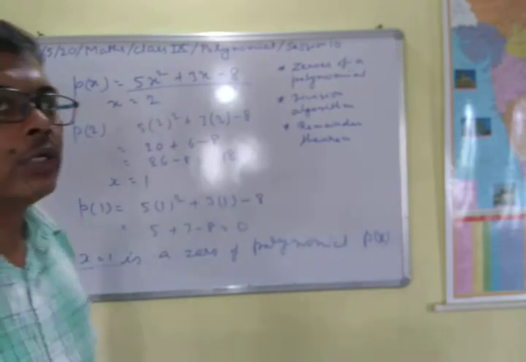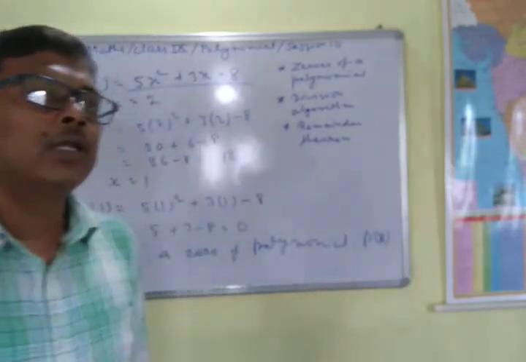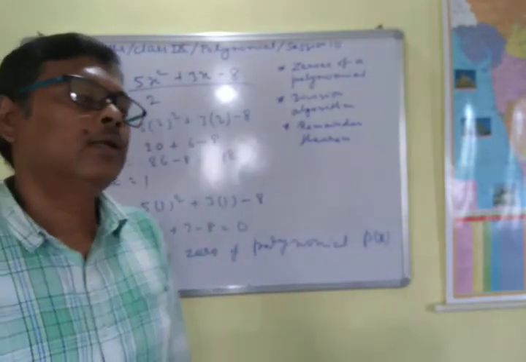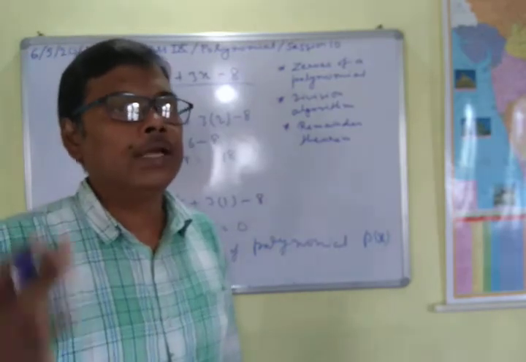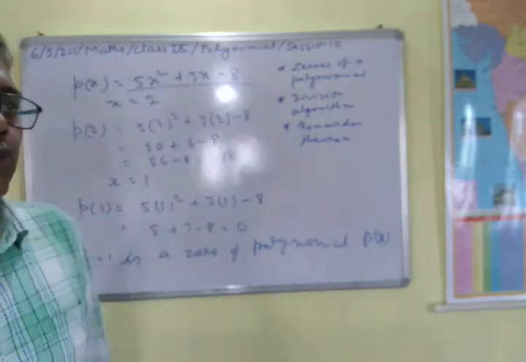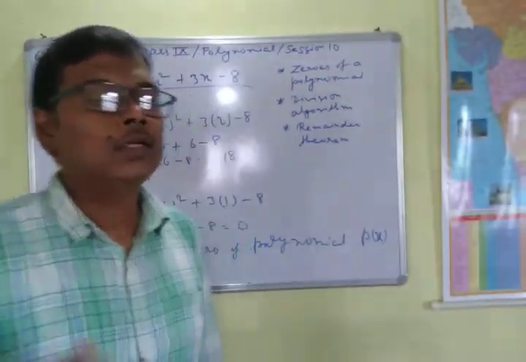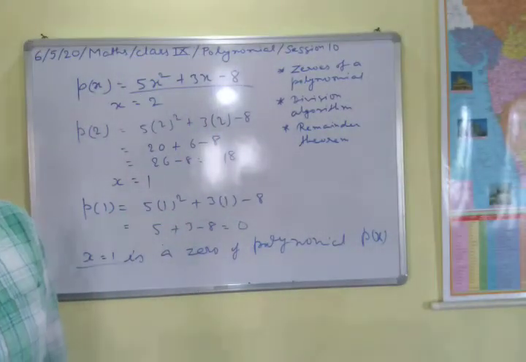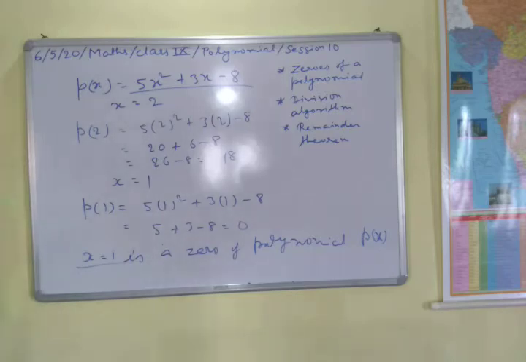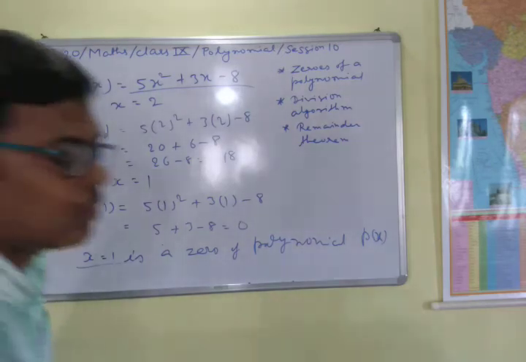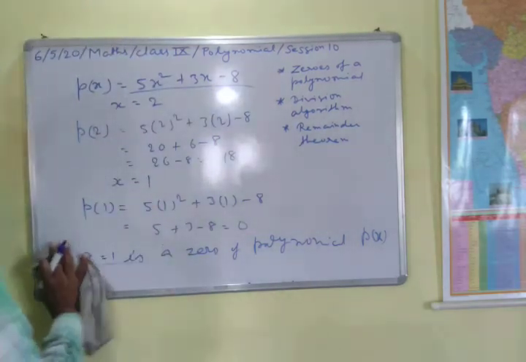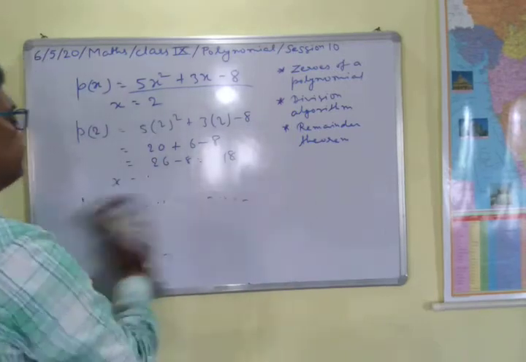The meaning of zeros is only that whenever you are given a polynomial in one variable, and for any value of x the value of the polynomial becomes 0, then those values will be called the zeros of the polynomial. So this is the meaning of the zeros of a polynomial.